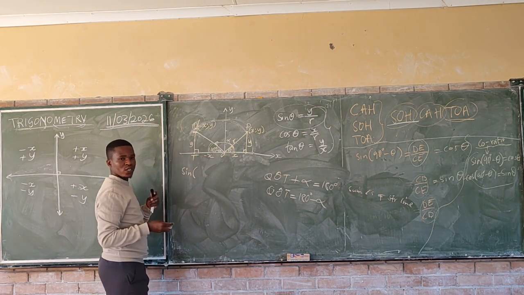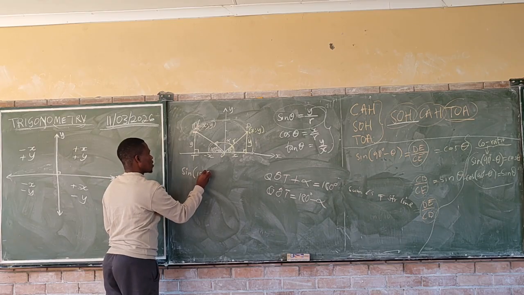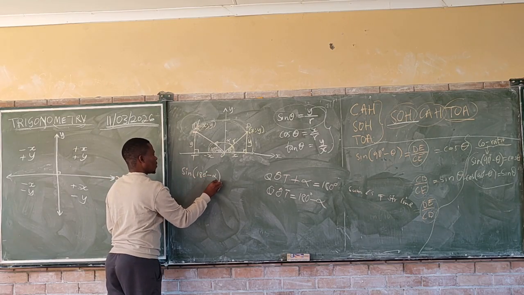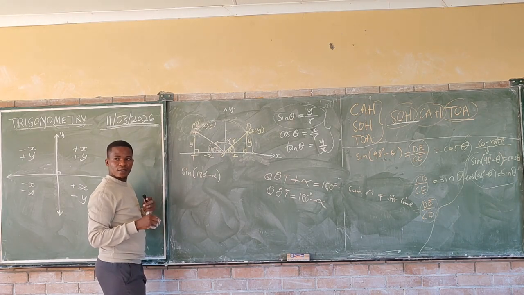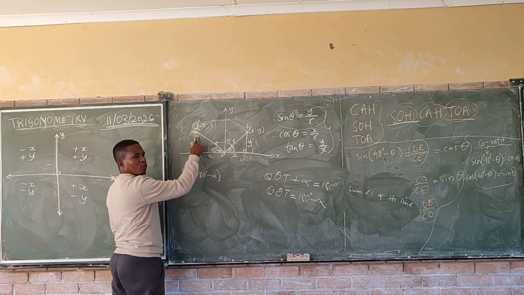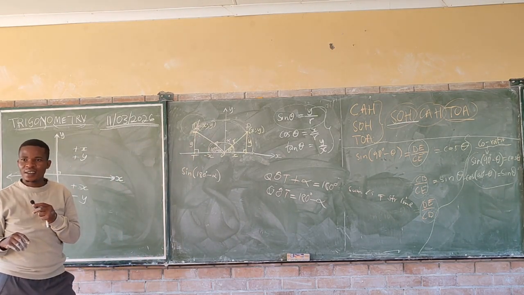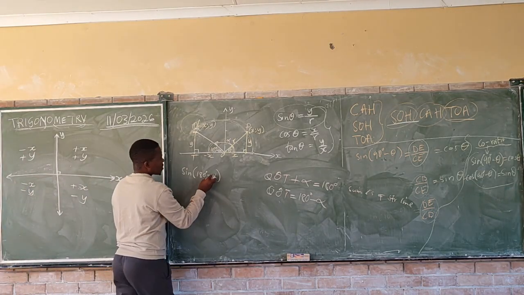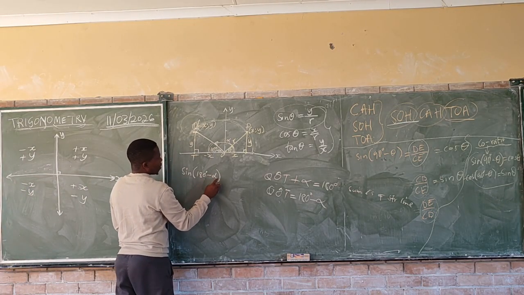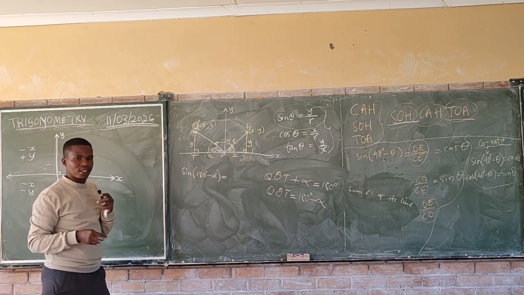I should simply use 180 degrees minus alpha. Now what will be the sine of 180 minus alpha?